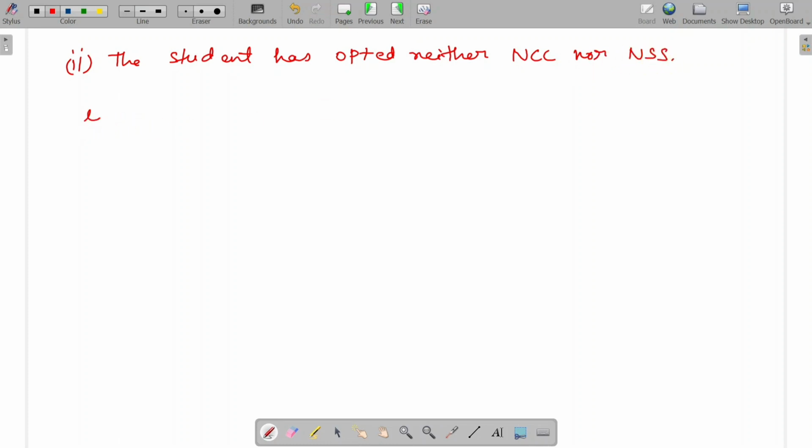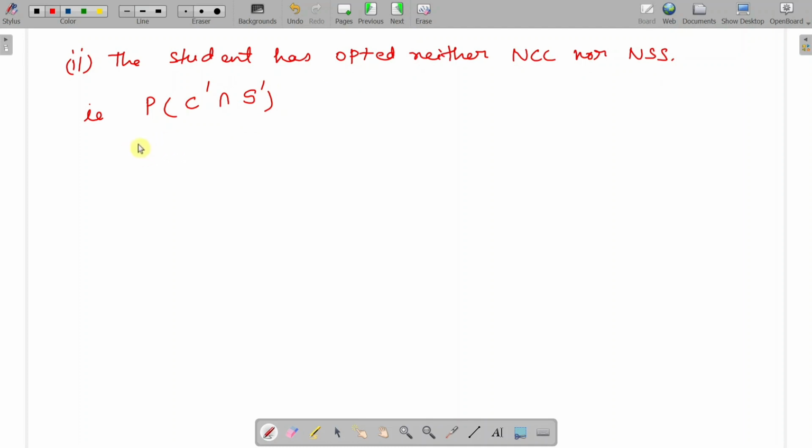So that means we have to find this probability, C complement intersection S complement. Nor means and, and neither means complement. So NCC means C and it is neither, so complement, intersection NSS, so S complement.